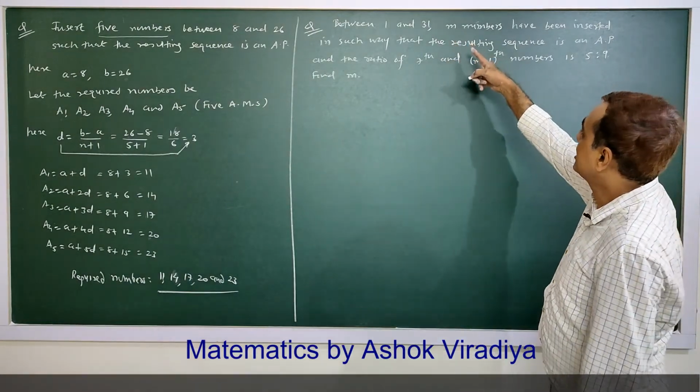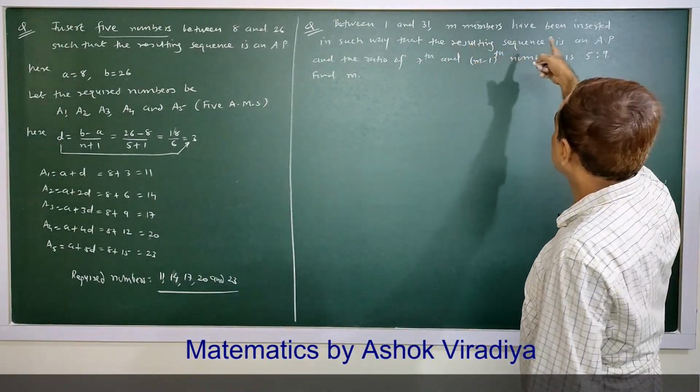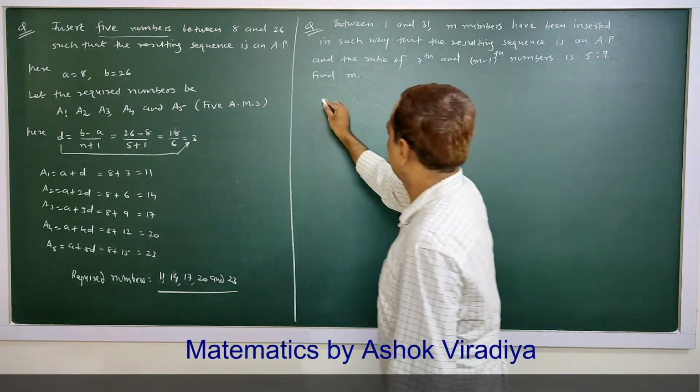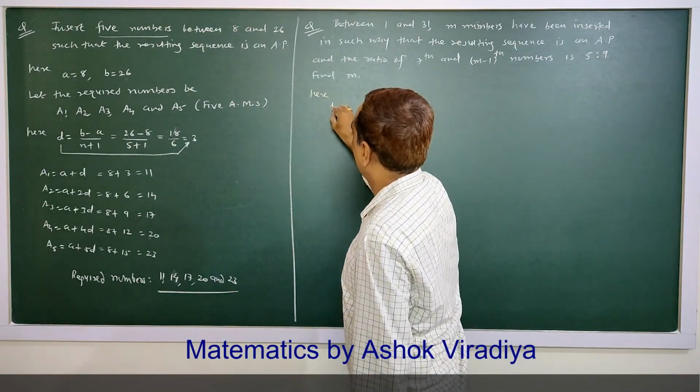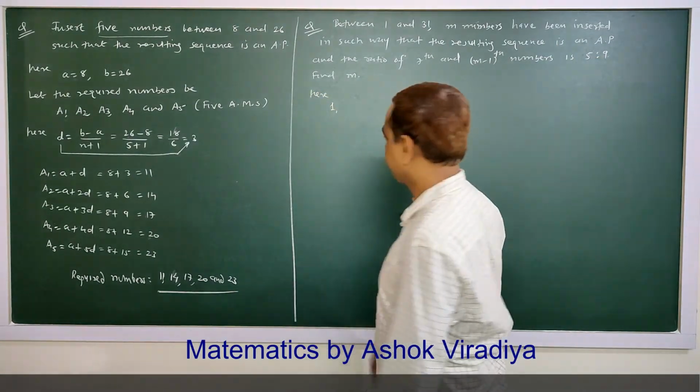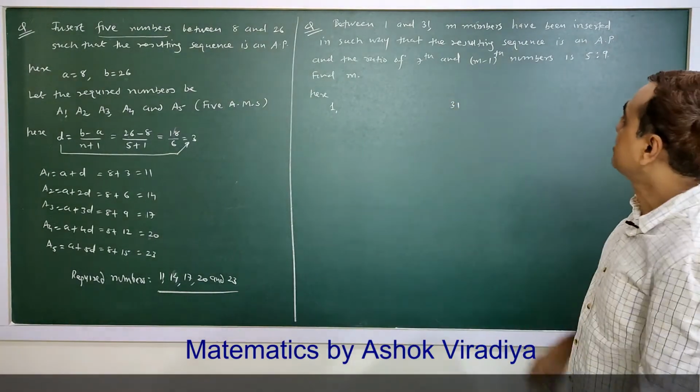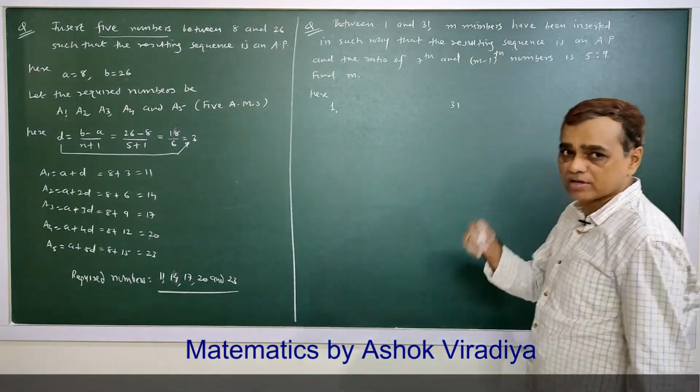Now in this question, between 1 and 31, m numbers have been inserted. Say here 1 and 31. Between 1 and 31 I am writing m numbers.